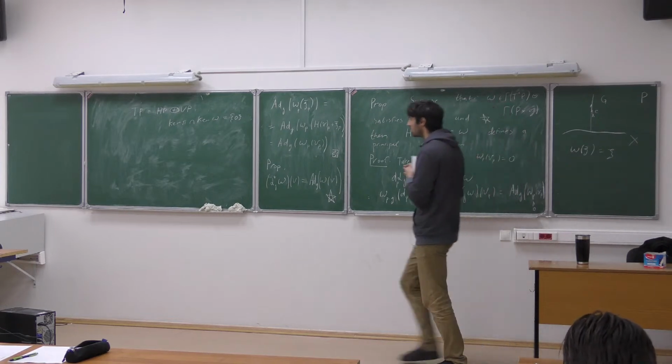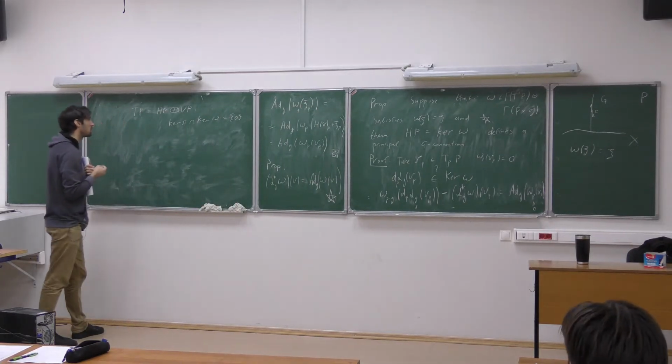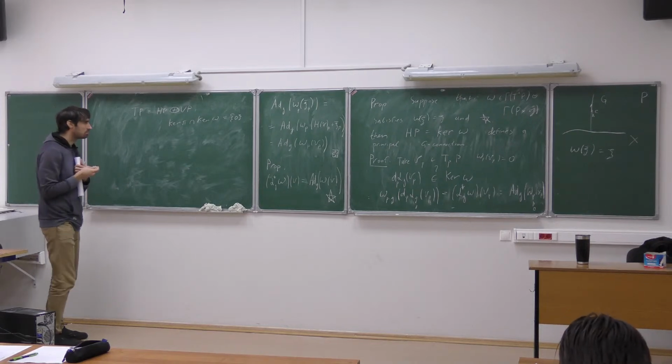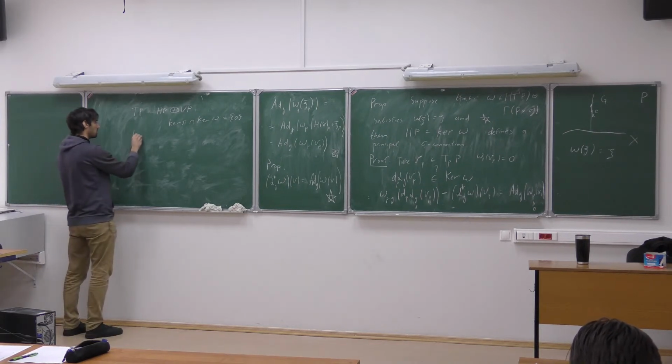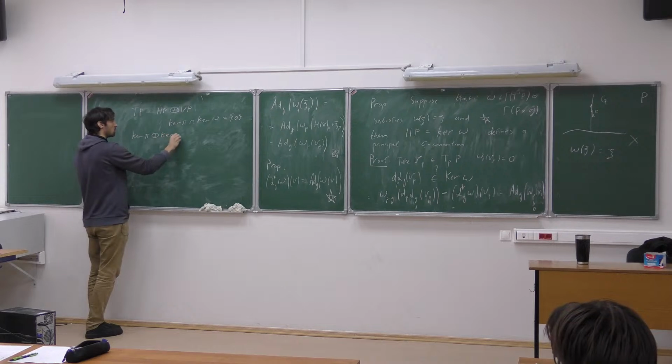So therefore, but why does it give everything, the direct sum kernel of pi plus kernel of omega?